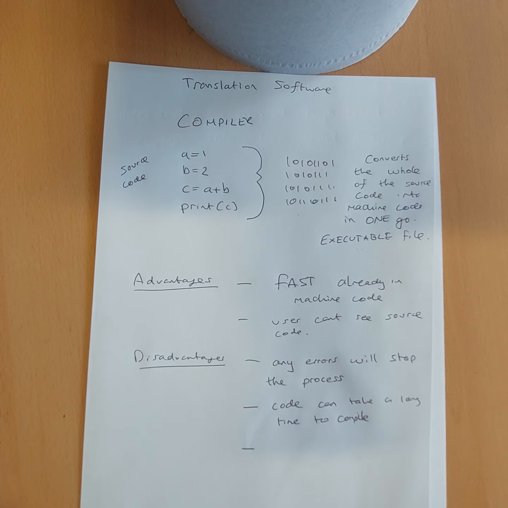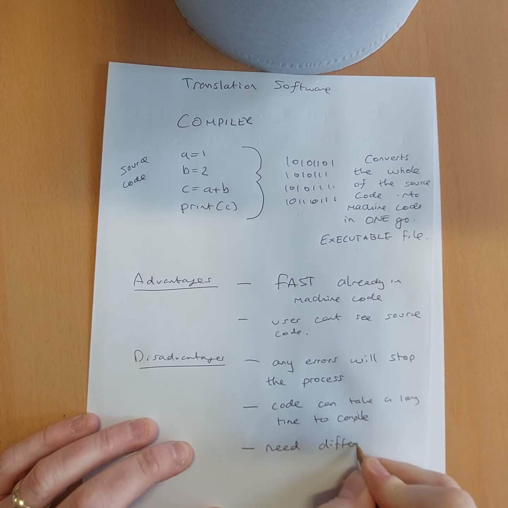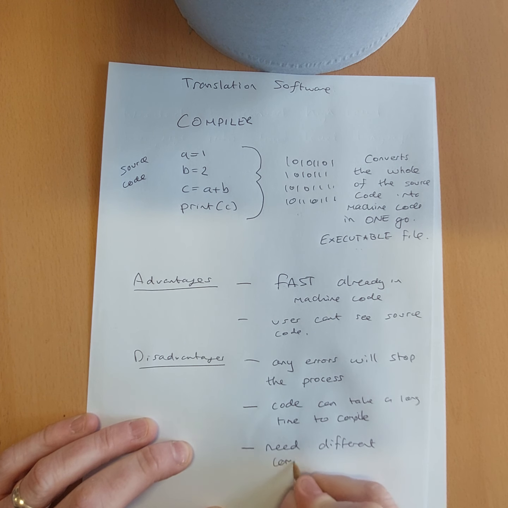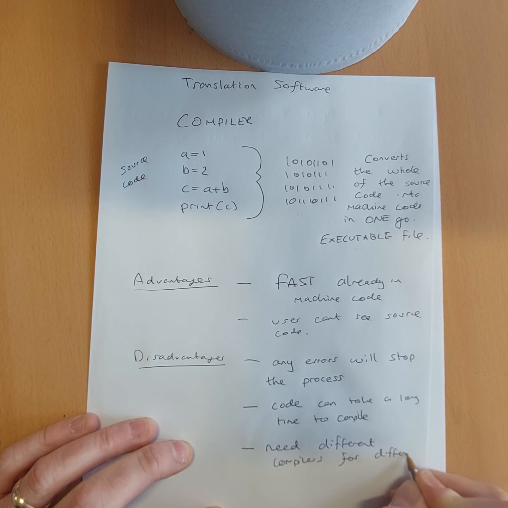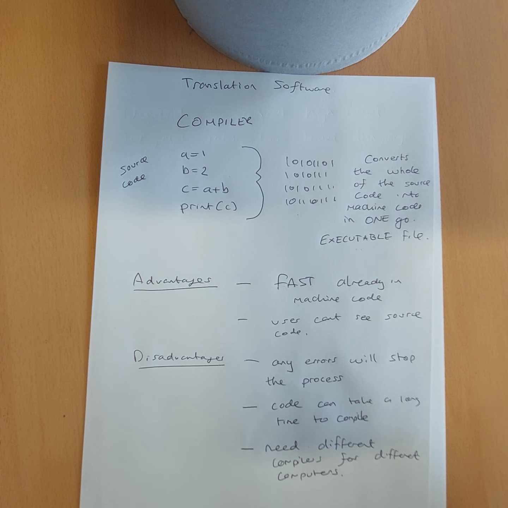So the machine code will be slightly different on a Windows computer, it'll be slightly different on an Apple computer, it'll be slightly different on an Android computer. So we need different compilers for different computers. So that's compilers. I'll stop there.